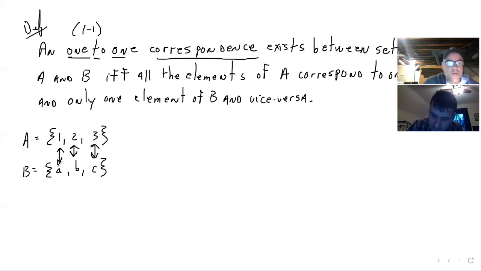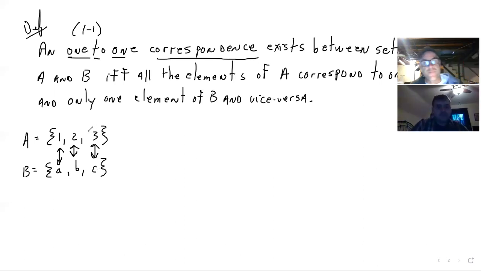This would mean 1 corresponds to A, and 2 corresponds to B, and 3 corresponds to C, and A corresponds to 1, B to 2, C to 3. And so it would meet our definition. Every element here only corresponds to one element here and vice versa.